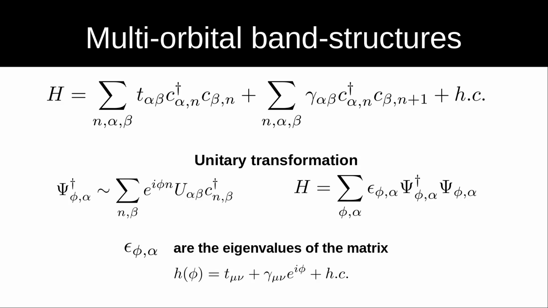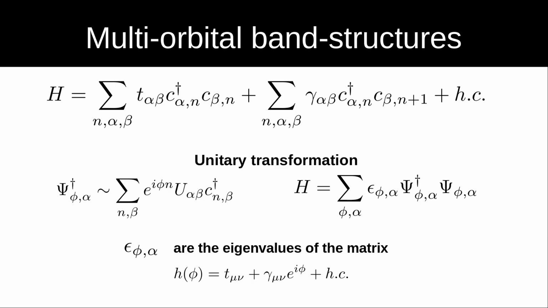So since now we have this degree of freedom, since now we can have these more generic wave functions, what we know is that the eigenstates are going to be some arbitrary rotation inside the orbitals in each unit cell times a phase, which is the formula that you see on the left.